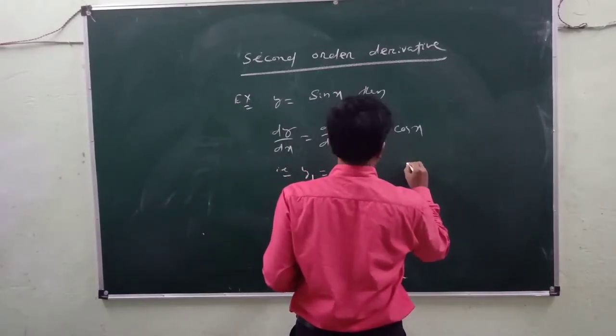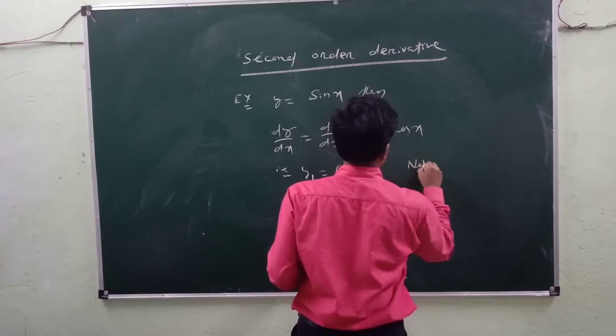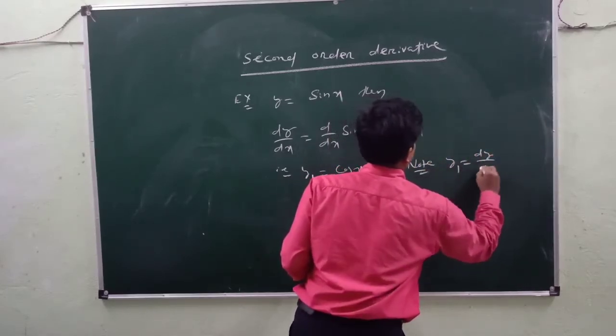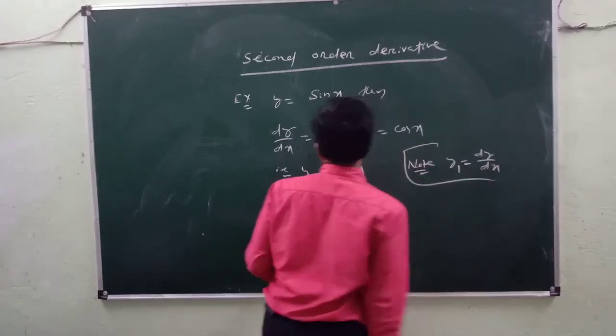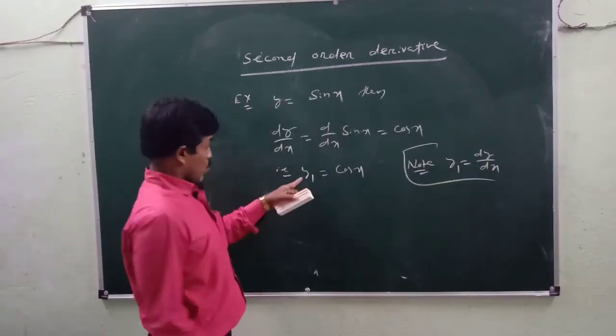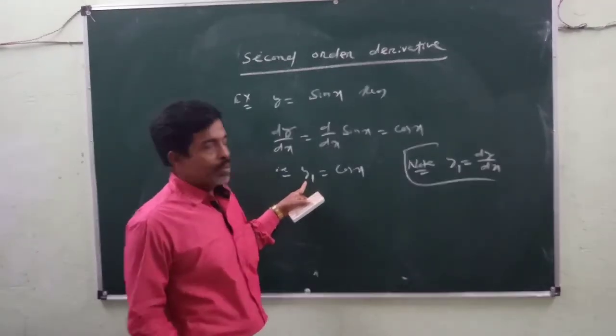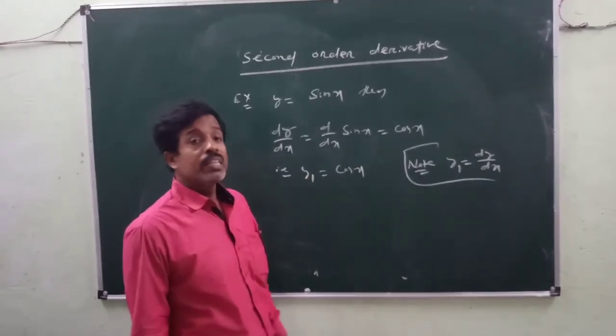Okay, note y1 equal to dy by dx. Similarly, when I find the derivative again of the first order, it will be second order.